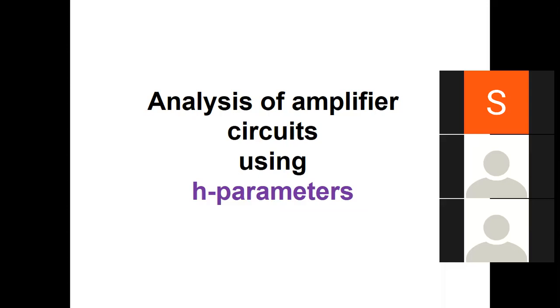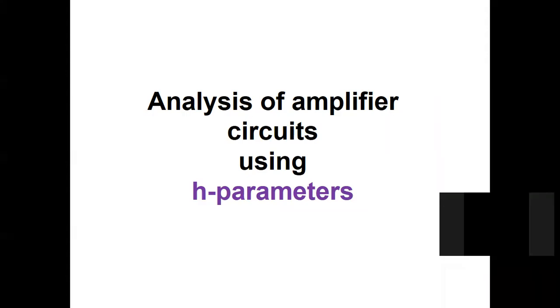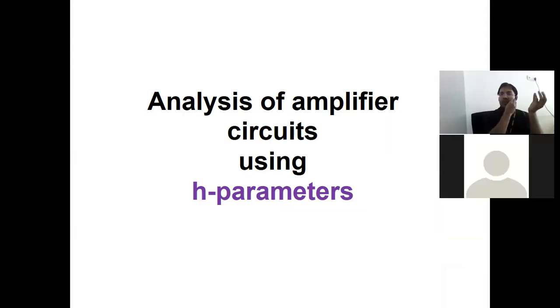Okay, so H parameters. Why do we need to study these H parameters? Very important, because you know how to analyze circuits using KCL and KVL. You have been doing that. But if you have a transistor and you do not understand its functionality, your KCL and KVL will not be sufficient to analyze the circuit.